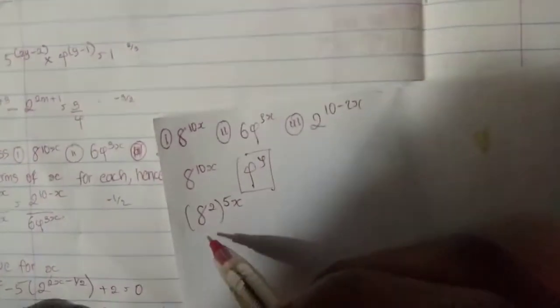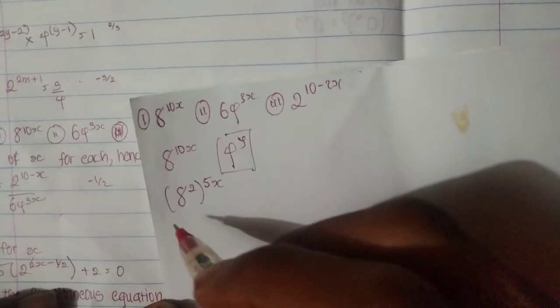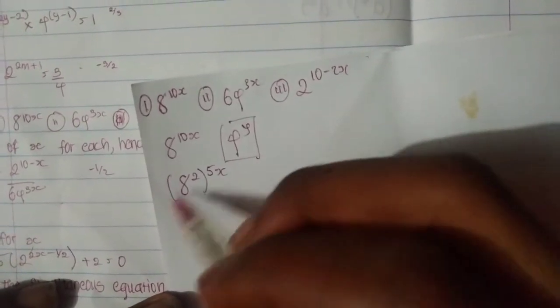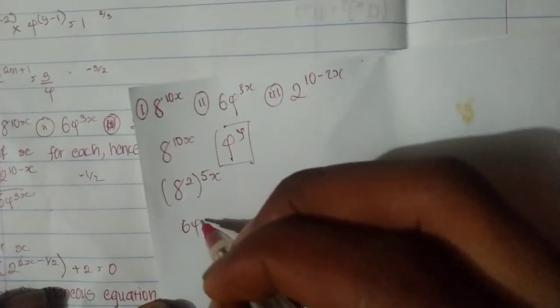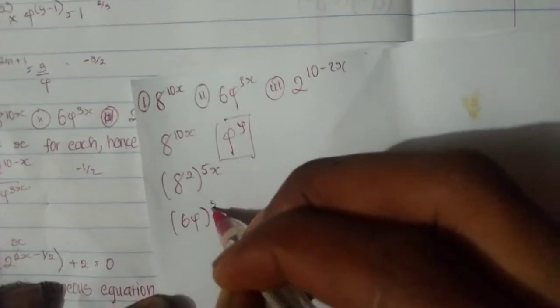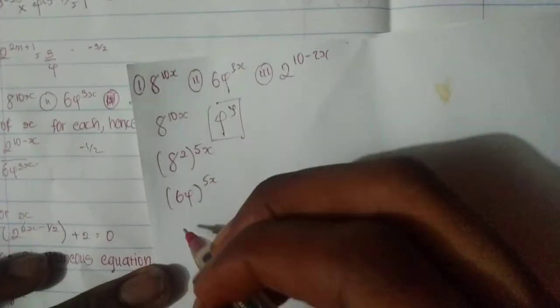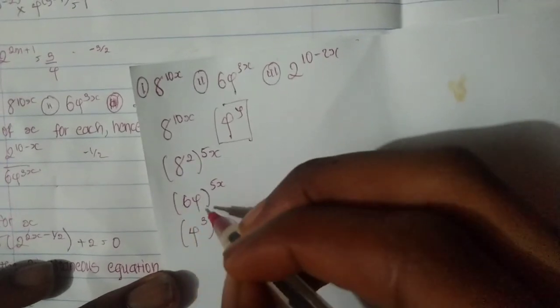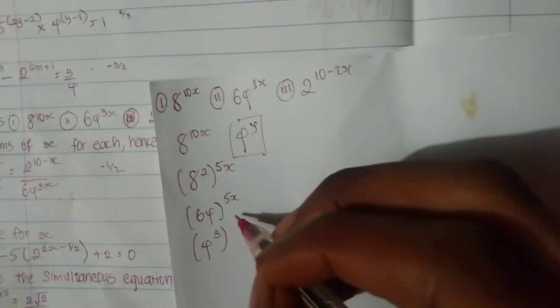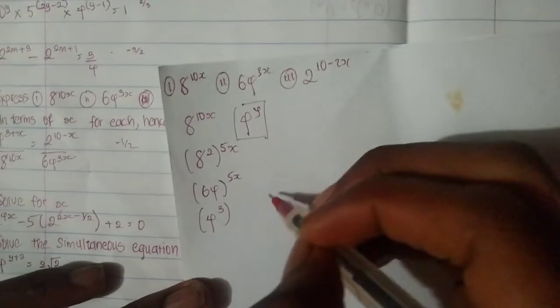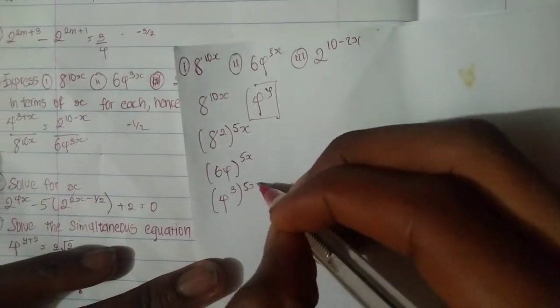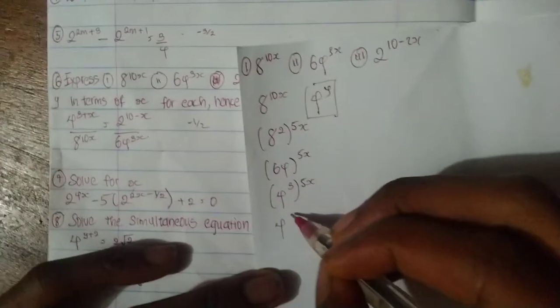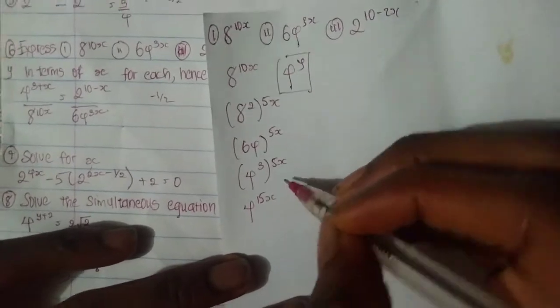So that's 8 to the power of 2, that is 8 times 8, that is 64, to the power of 5x. 4 cubed is the same thing as 64, because 4 times 4 times 4 is 64, so that is 4 raised to the power of 3 times 5x. So this is 4 to the power of 15x.